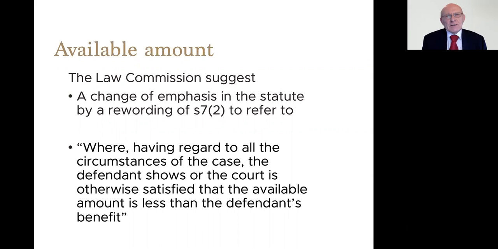And what the Law Commission are suggesting is a recognition of the case law in cases like McIntosh, where the court is not blind to evidence which comes not from the defendant, but from somewhere else or from the general circumstances of the case, that the defendant's available amount is less than his benefit.